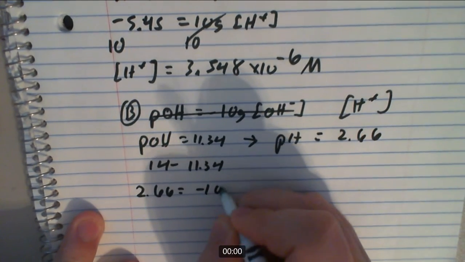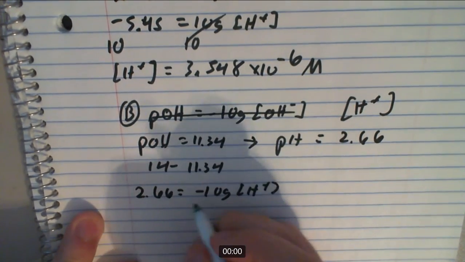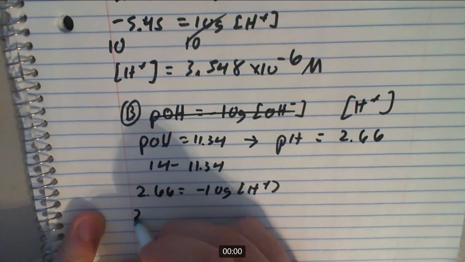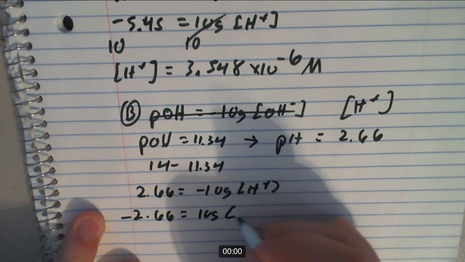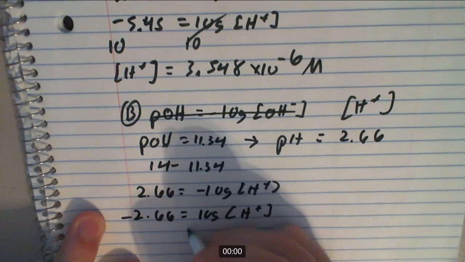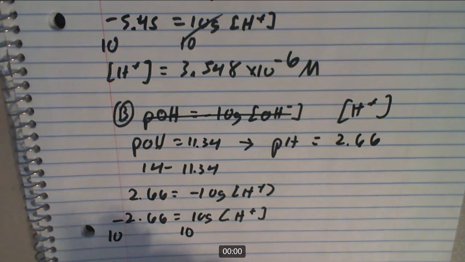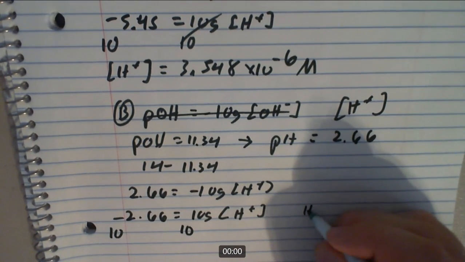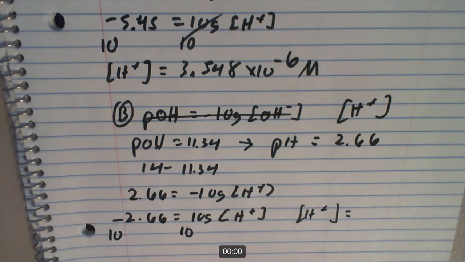Now that I have the pH, I can go back in and take 2.66 equals the negative log of the hydrogen ion concentration. Switch the negative to the other side, so negative 2.66 equals the log of the hydrogen ion concentration. Take 10 to that power, and I get a hydrogen ion concentration that equals 10 to the negative 2.66.